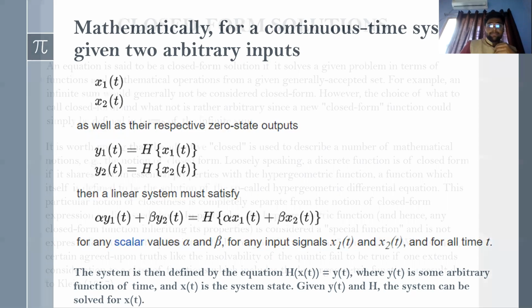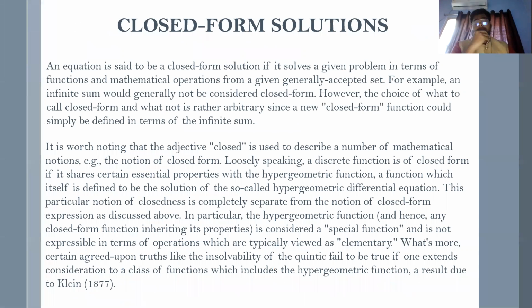The next slide. In this slide, we are discussing closed form solutions. An equation is said to be a closed form solution if it solves a given problem in terms of functions and mathematical operations from a given generally accepted set.